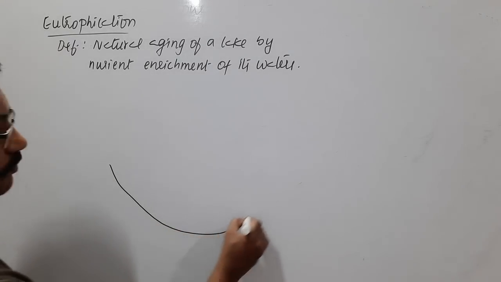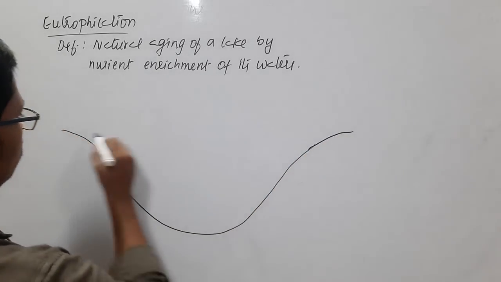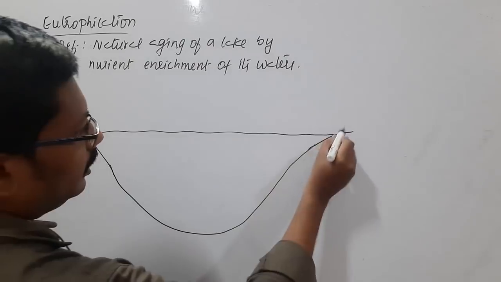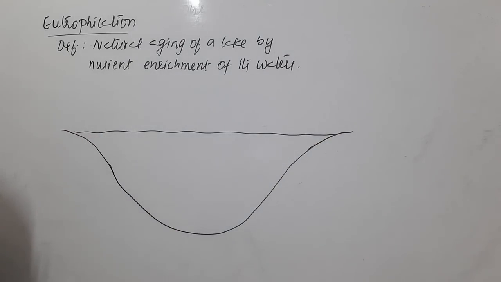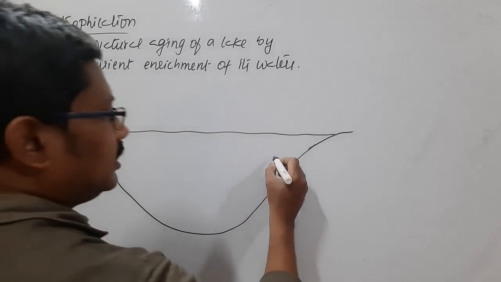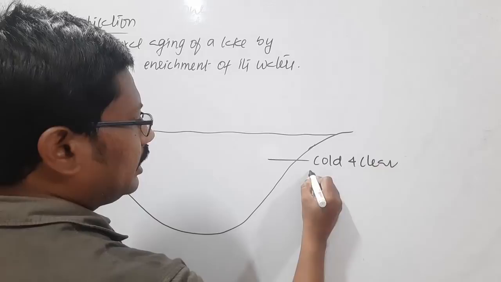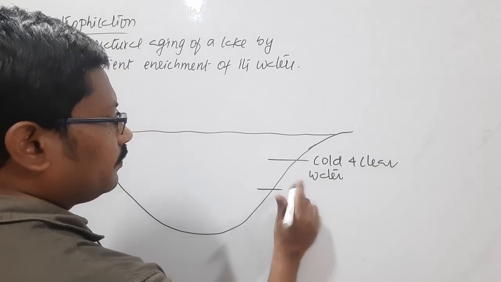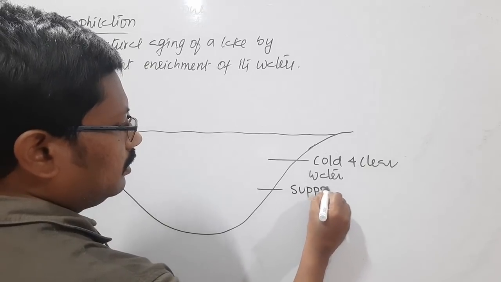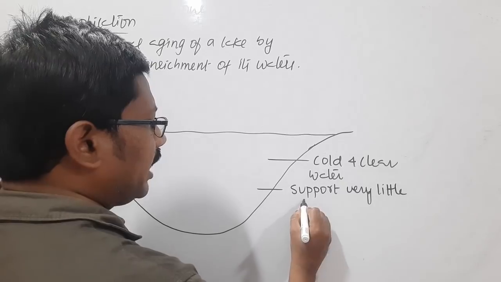So here I'm taking a young lake. Now in this young lake, the depth will be very high, and it will have cold and clear water, and these waters support very little life.